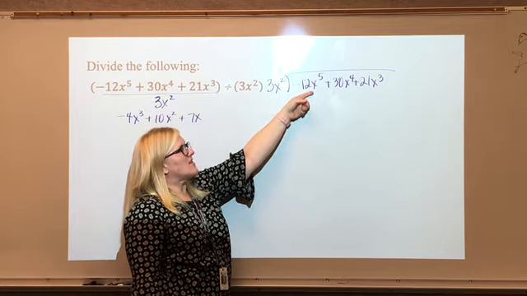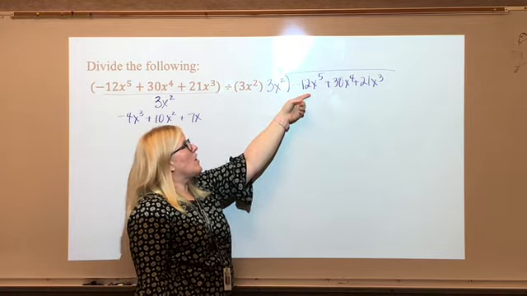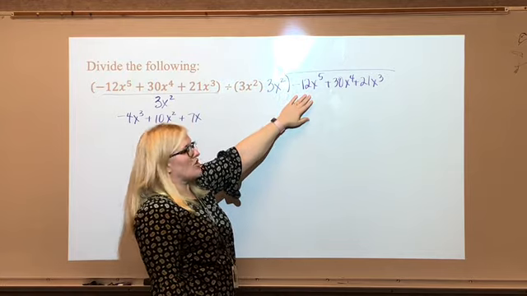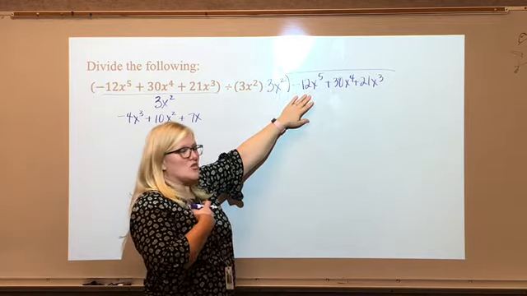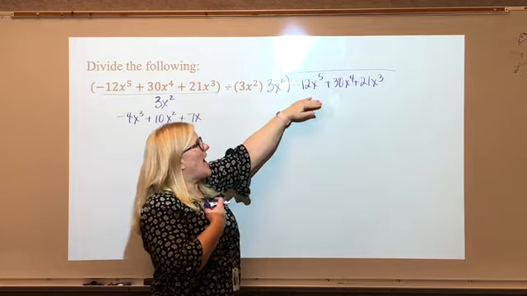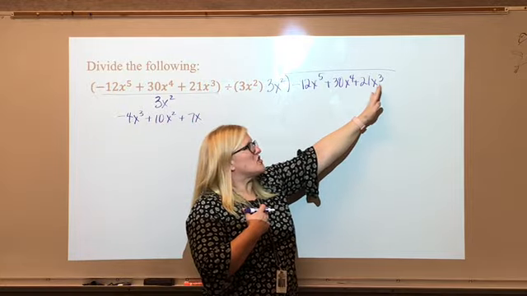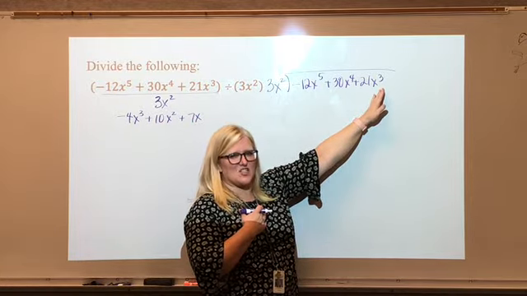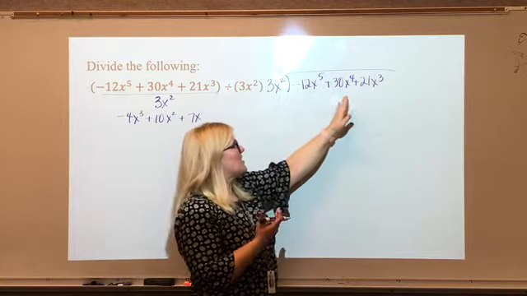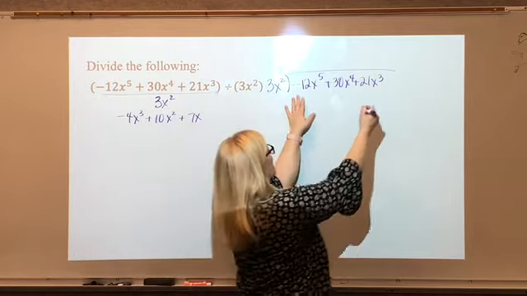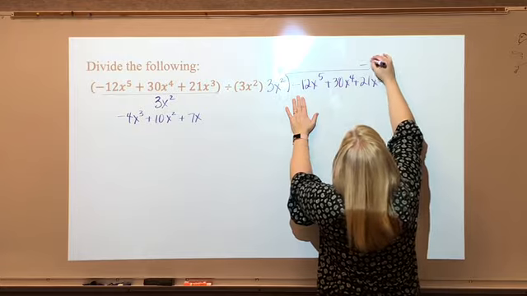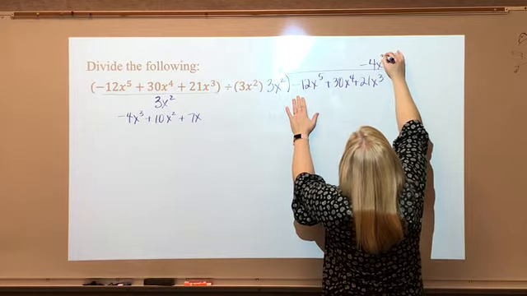What's negative 12x to the 5th divided by 3x squared? Well, it's negative 4x to the 3rd. And what I'm going to do is, instead of putting it up here, I'm actually going to put it underneath this one, because this has an x cubed already. And I know that that's kind of weird, but that's what I'm going to do.